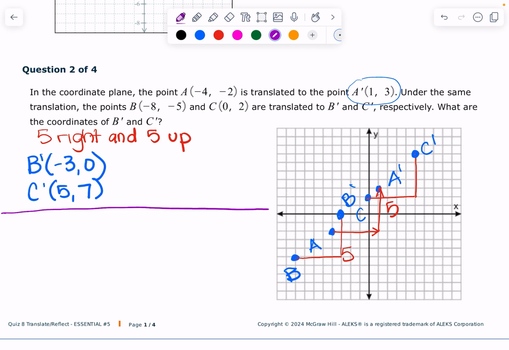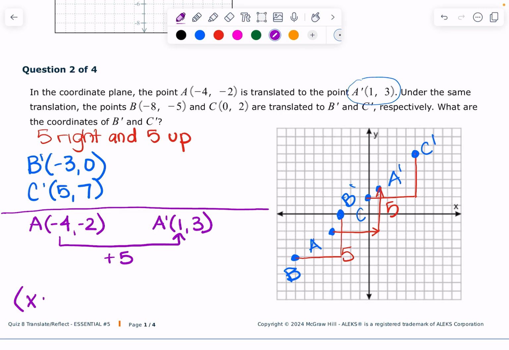So if I look at point A, it starts at (-4, -2), and it moves to A prime at (1, 3). So the x's, if I look from -4 to 1, the x's are adding 5. So that means that all my x's are going to add 5. Then if I look at the y's, it's going from -2 to 3. So to go from -2 to 3, you're also adding 5.